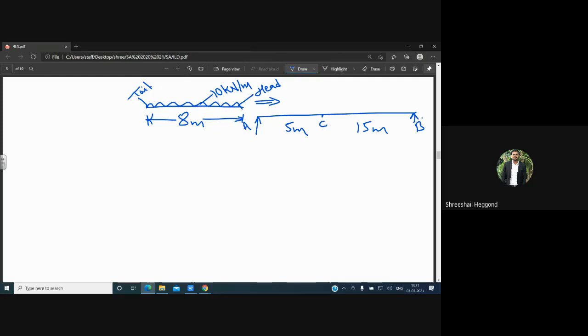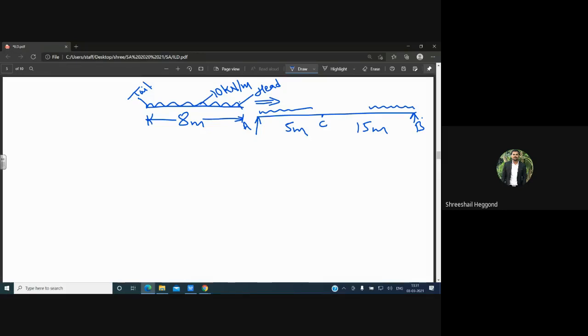When the tail is at A point, we'll have the maximum reaction at A. Simply, wherever the load is maximum at A, then the reaction at A will be maximum. And the reaction at B will be maximum only when the head of the UDL is at B point. In such a case, we will get the maximum reaction at B point.